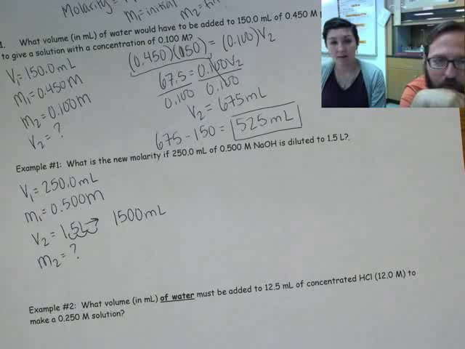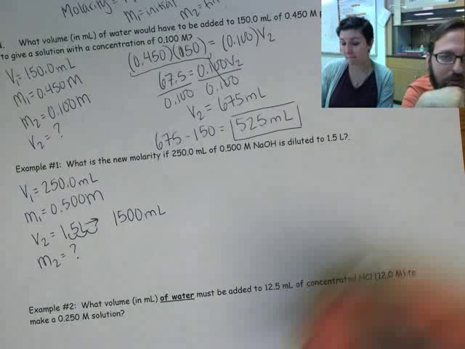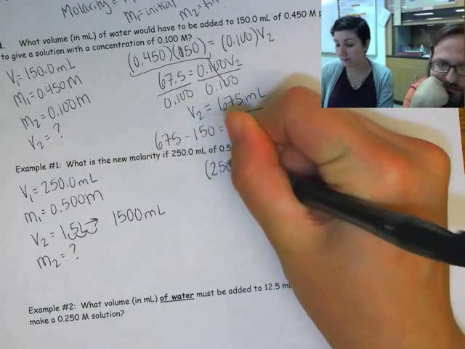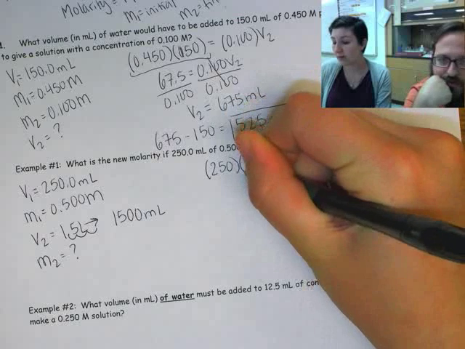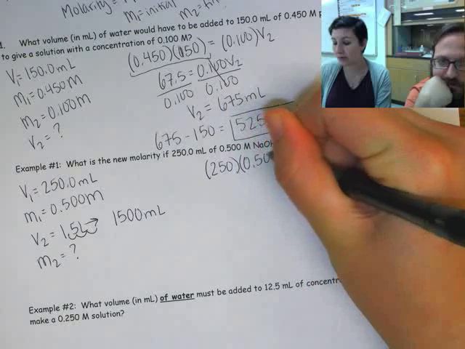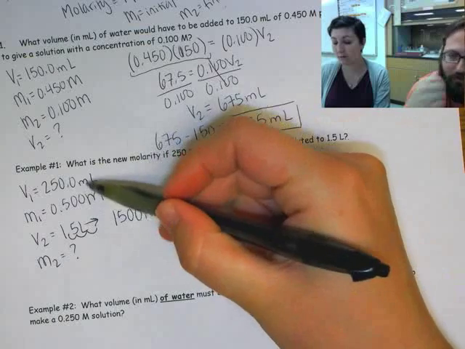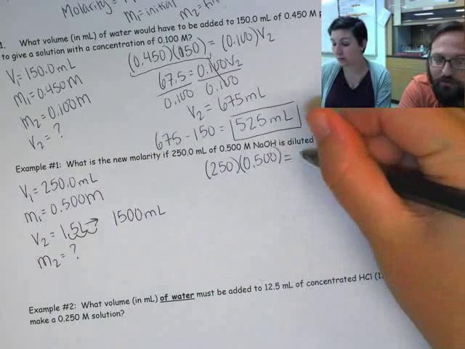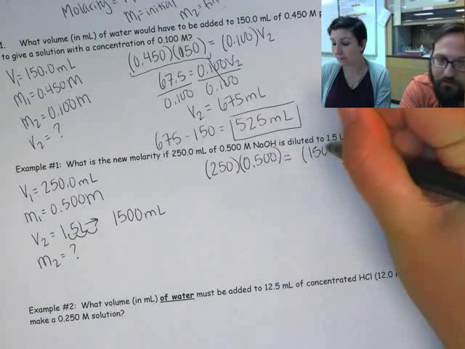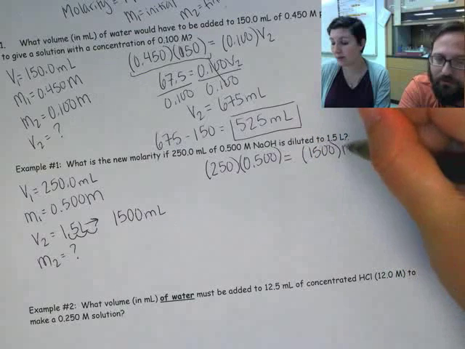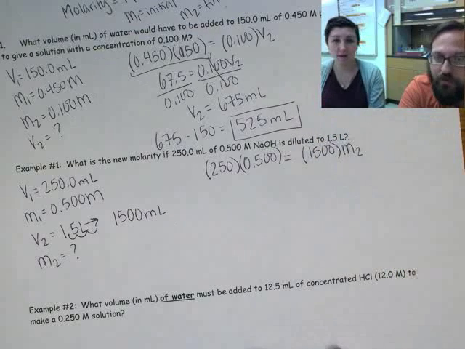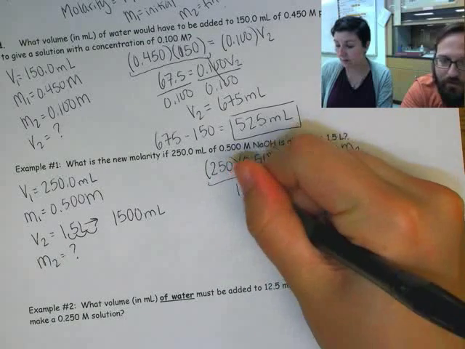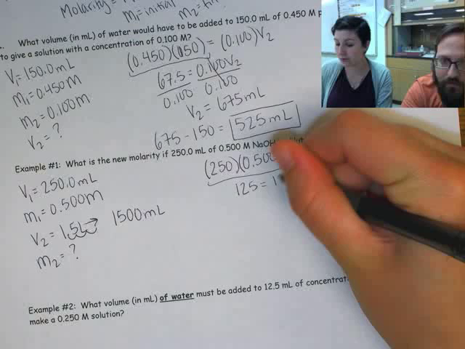Now we just plug into the formula. We've got 250 times 0.500, both of our initials, V1 and M1, on the same side, and then V2 times M2 over here. When I multiply 250 times 0.5, I get 125, which is equal to 1500 times M2.